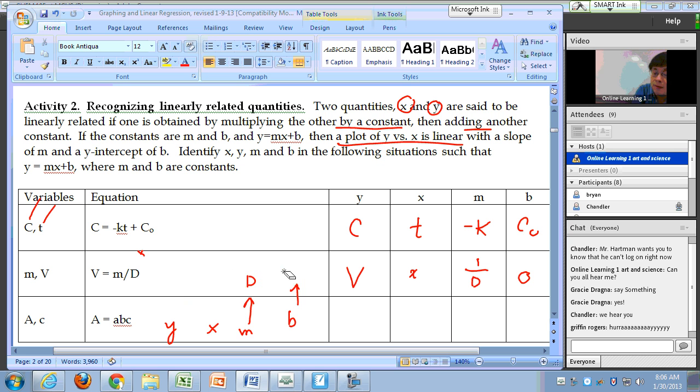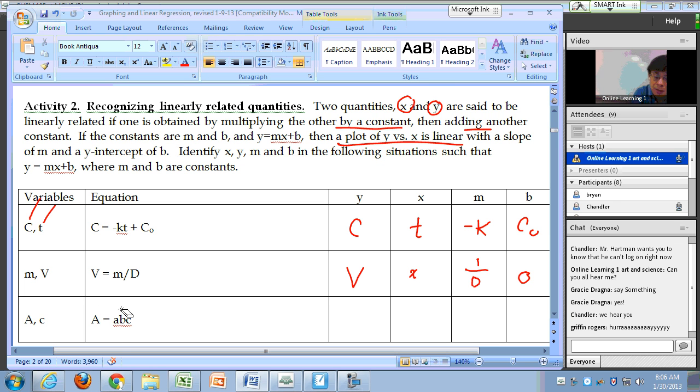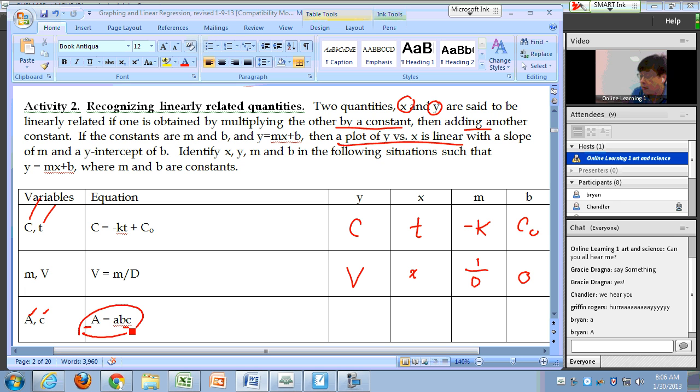All right, so let's try that now with this third equation that we have here. This is an equation you might encounter if you're going to measure what's called the absorbance of a solution. Okay, Gracie, what y would you have here for this equation? Your variables are A and C. Okay, correct, Brian.